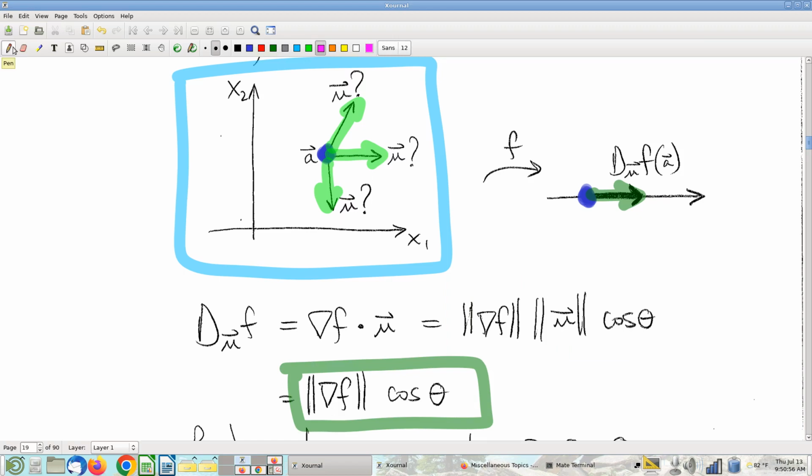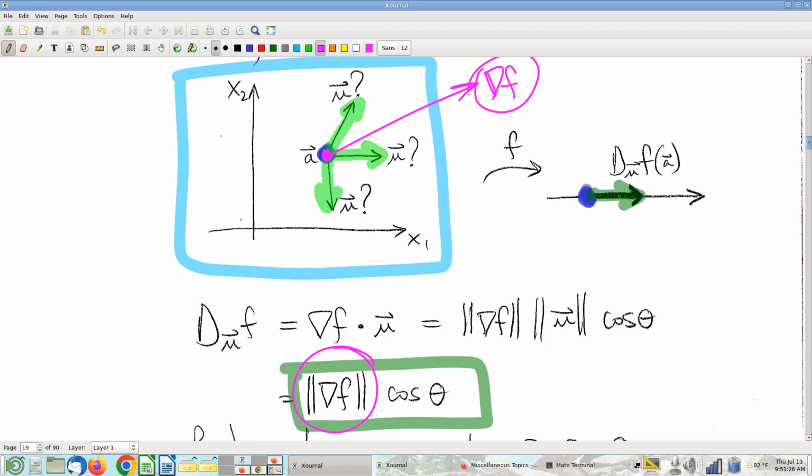Magnitude of the gradient. By the way, where's the gradient in this picture? The gradient depends on the function you're looking at, which is fixed, and it depends on the point that you're sitting at. So at this point that I'm at, the gradient is some vector, and it can't change as I look in different directions.